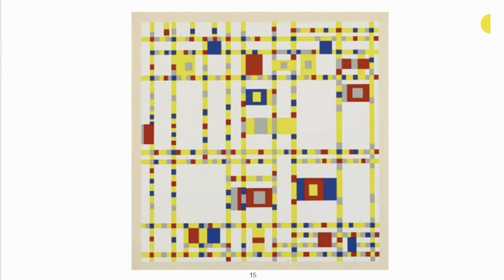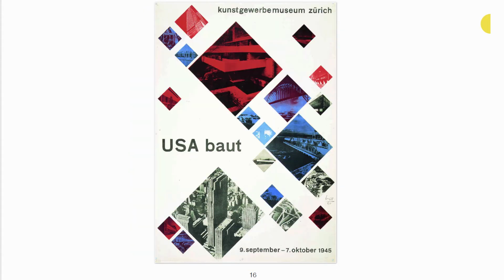We have primary colors, red, yellow, and blue, the horizontal and vertical lines. In this particular piece, we see the Bauhaus influence, but it is international typographic style because look at the asymmetry that's going on.